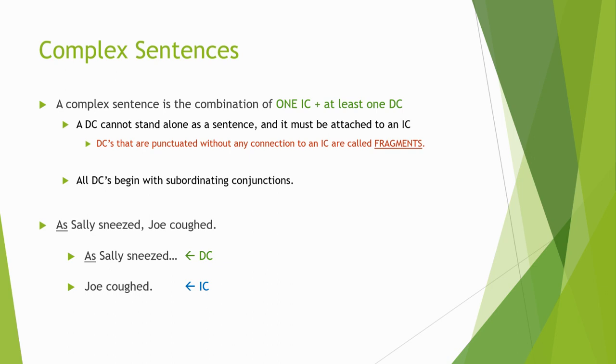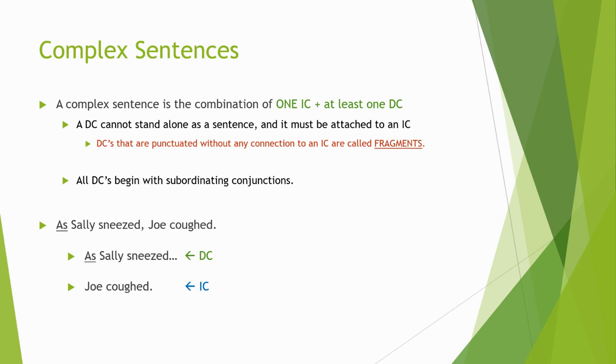Okay, so what we see here is an example of a complex sentence. As Sally sneezed, Joe coughed. Okay? As Sally sneezed is the dependent clause. Joe coughed is the independent clause.